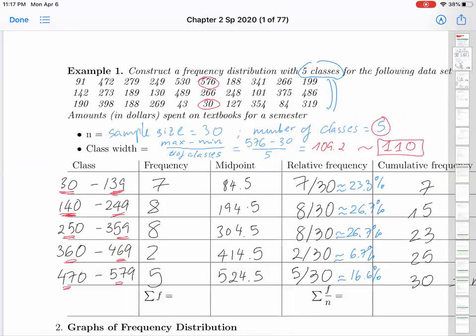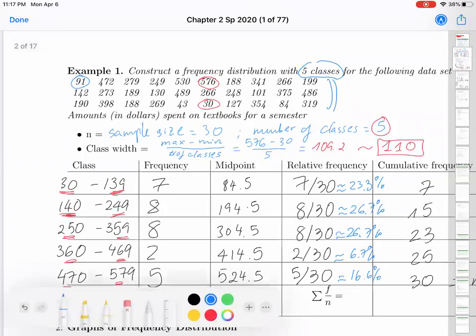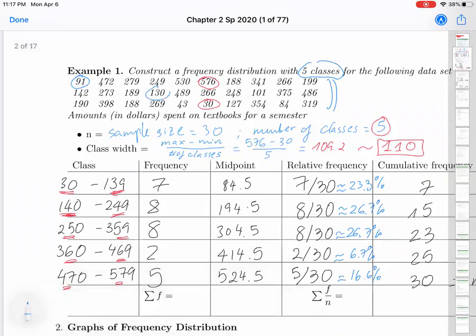So first 90 is one of them, right? And then 130 is two of them, right? 110, 3, 4, 5, 6, and 7. So I have 7 data points that fall into the first class. That means the frequency of the first class is 7.